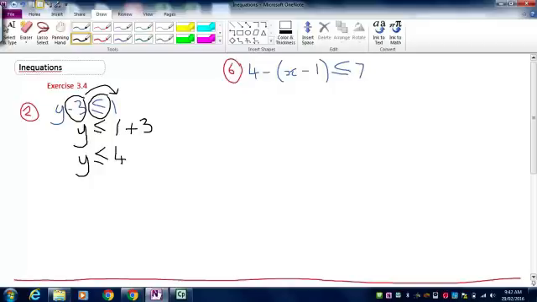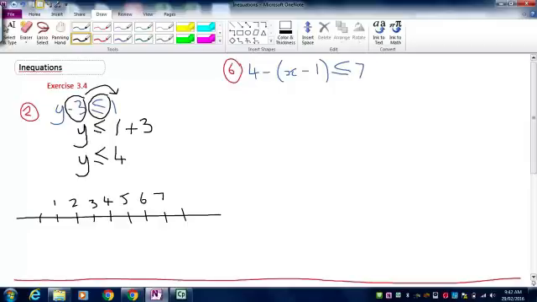Now on a number line, my number line is going to be a little bit messy. Remember, we should use rulers and ensure that these are nice and neat when we draw our solution. But what this looks like on the number line is if we've got 4 just here, and then this will be 3 and 2 and 1 and 5, 6, 7 in the other direction.